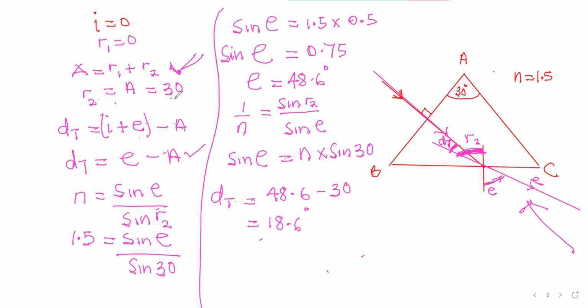Frank? If a ray incidents normally on the glass, it means that the angle of incidence is... Frank, speak up. I said if a ray of light incidents normally, does that mean that the normal is 90 degrees?